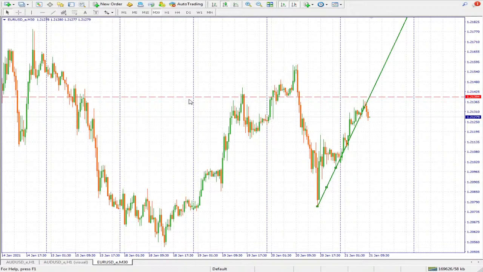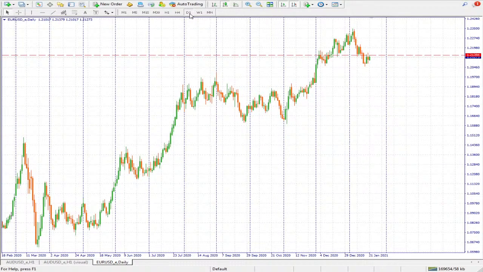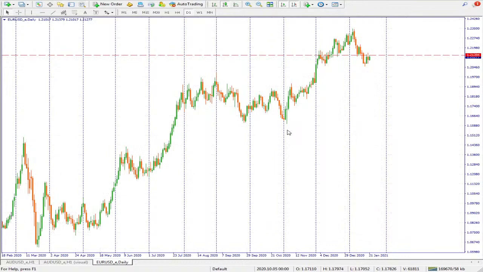From the daily chart, this is what we have. You remember yesterday we said we were looking for a sell. We mentioned that as long as the price was not able to break above the line which I'm just going to draw now, then we were looking for a sell. Let's delete the line we have on the screen.